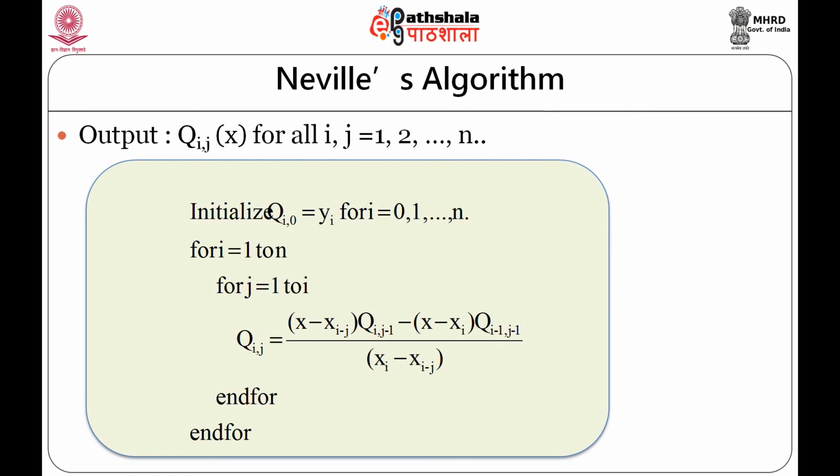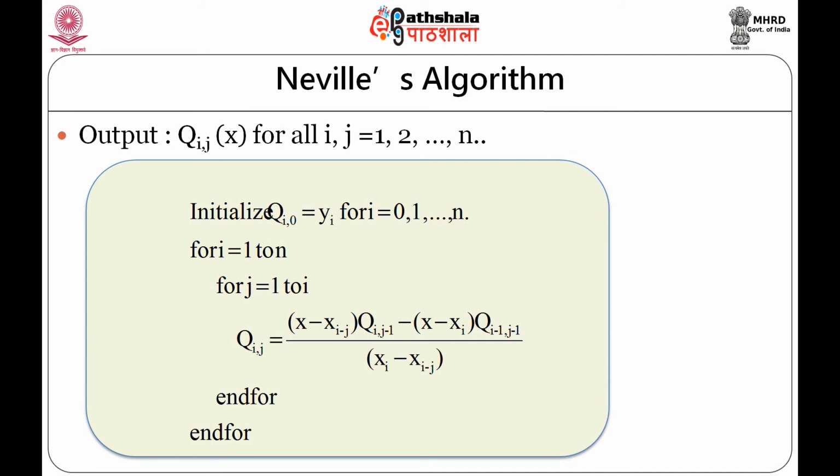Now, once I know q i 0, I can compute q i 1 for all values of i. So, what I am doing is for i equal to 1 to n, I am finding out all first degree Lagrange interpolating polynomials, then all second degree Lagrange interpolating polynomials, and then the last nth degree interpolating polynomial. And how are we doing it? We are doing it iteratively, like this.